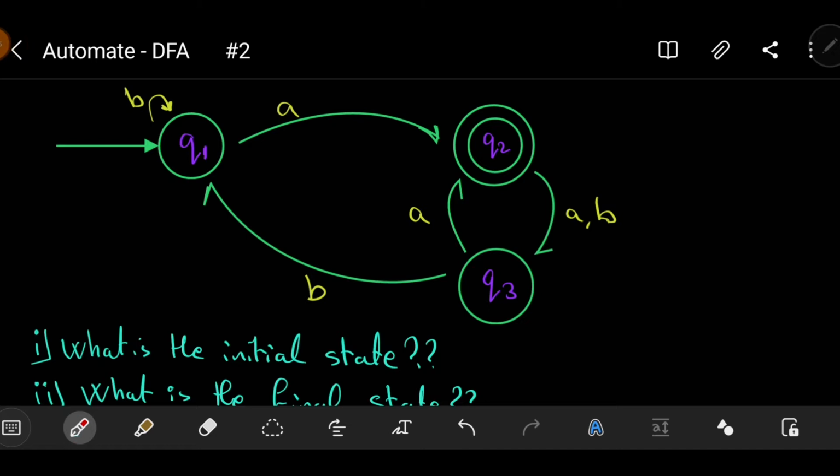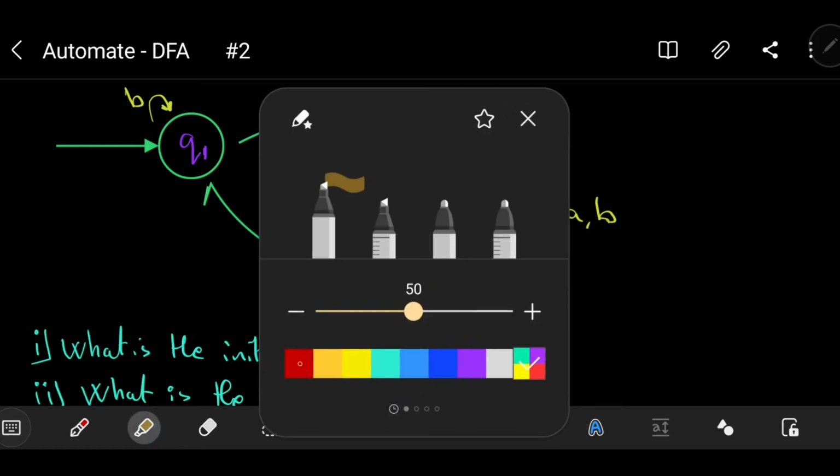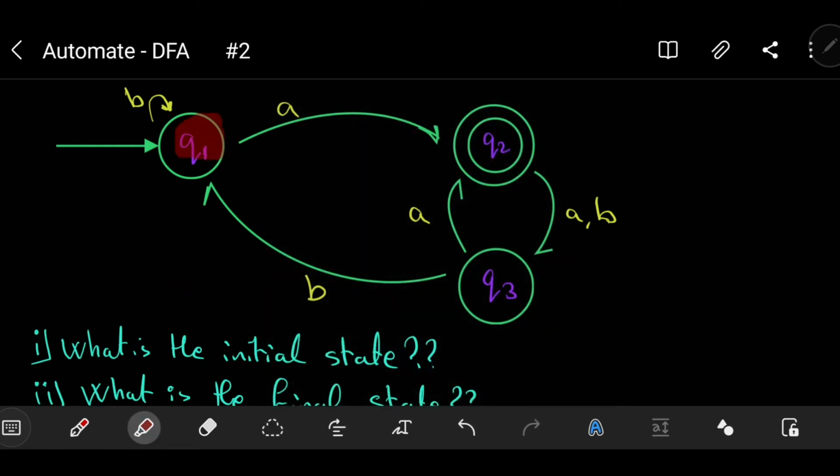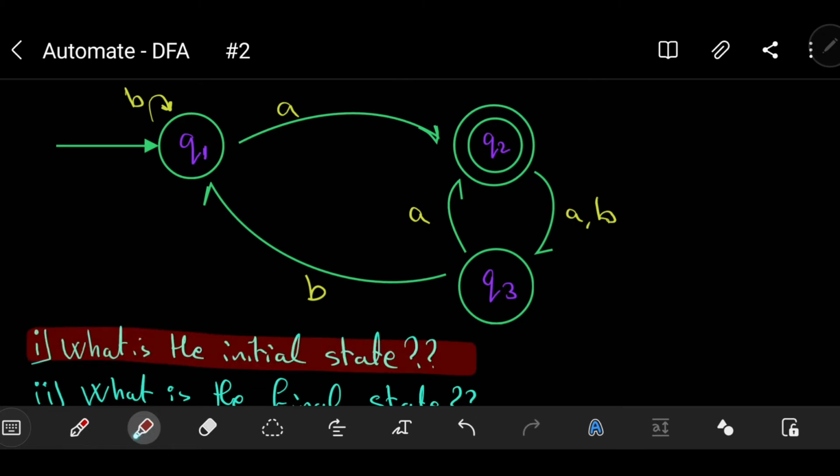In this video, we will solve the Automat question number 2. This is a deterministic finite automata. We have three states, Q1, Q2, and Q3, and these are the transitions between the states. The first question asks what the initial state is. It's very simple.